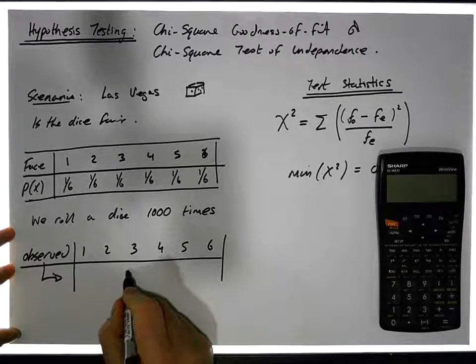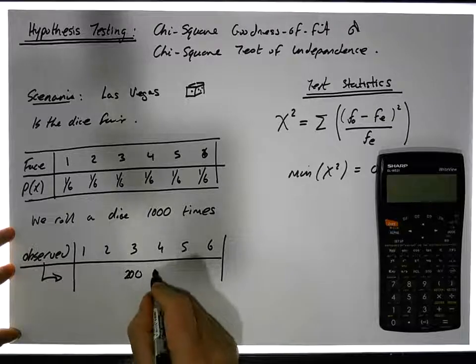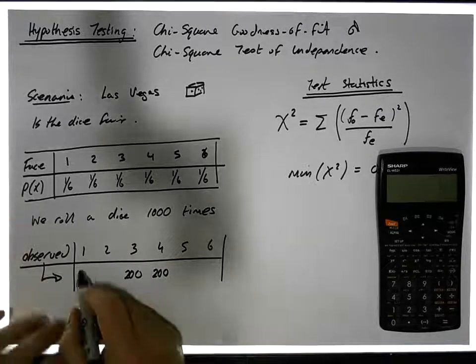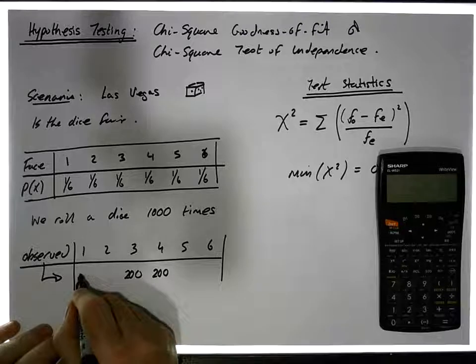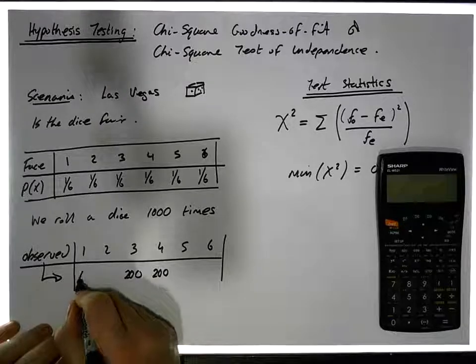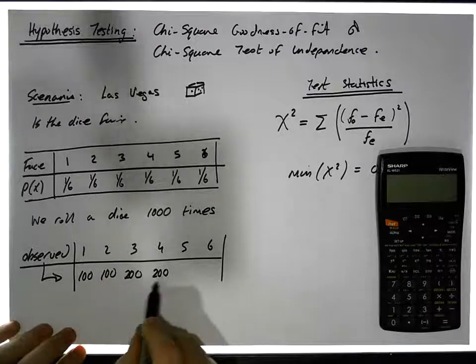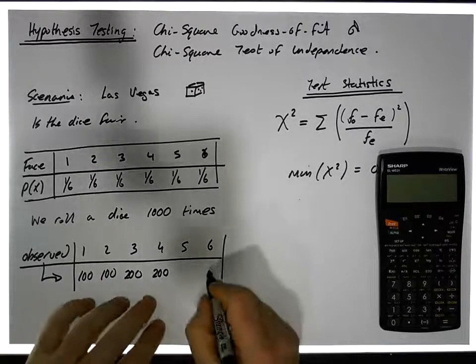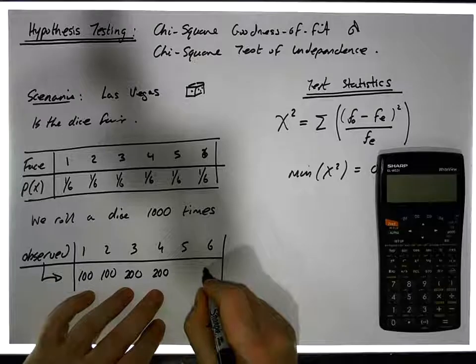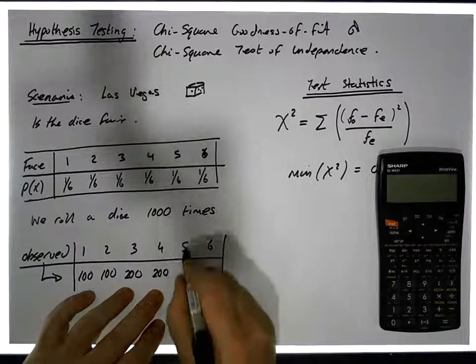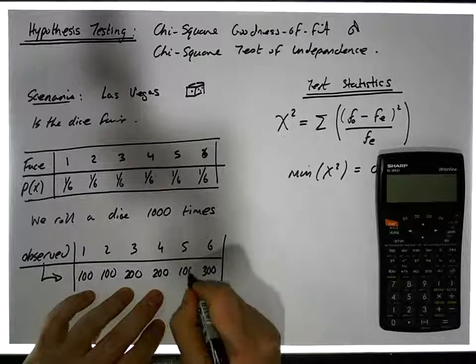The 3 occurred 200 times, the 4 occurred 200 times, the 1 occurred 100 times, the 2 occurred 100 times, the 6 occurred 300 times, and the 5 occurred 100 times.